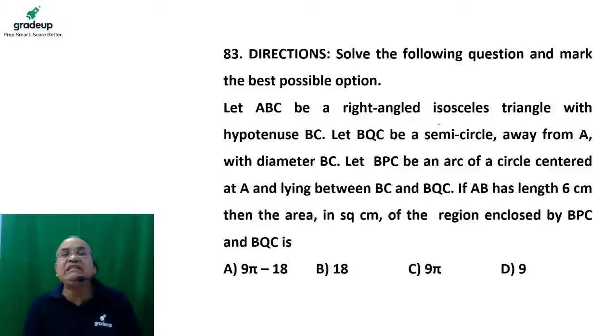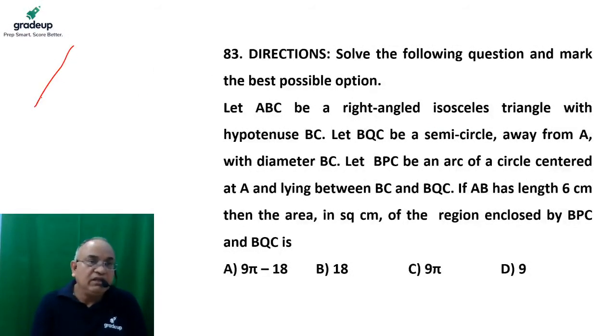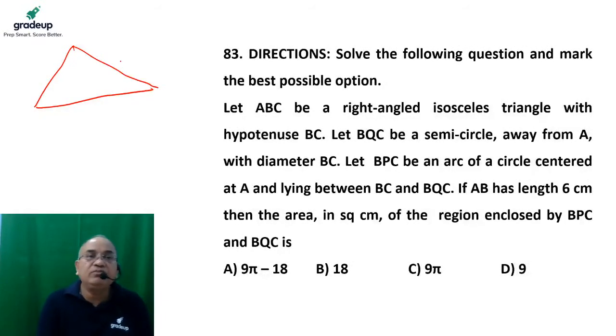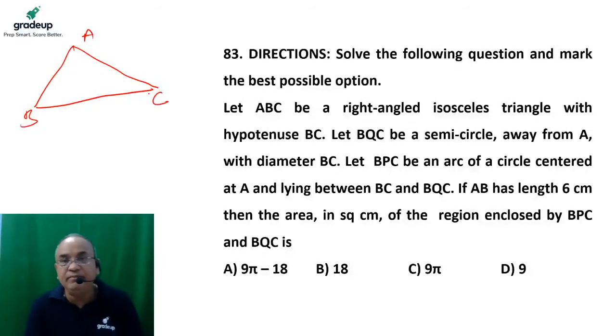Let ABC be a right angle triangle, isosceles also, with the hypotenuse BC. So let's say this is a right angle triangle and the hypotenuse is BC. This is A, this is B, this is C. Let BQC be a semicircle away from A with BC as diameter.